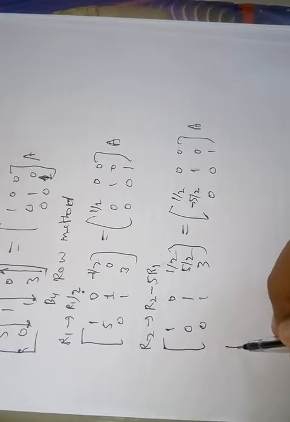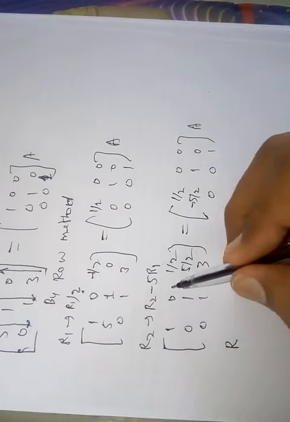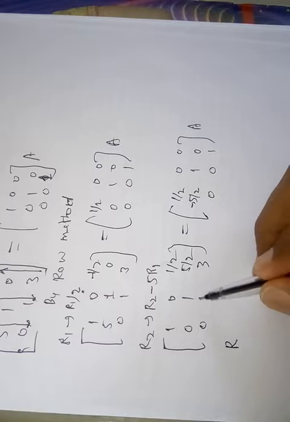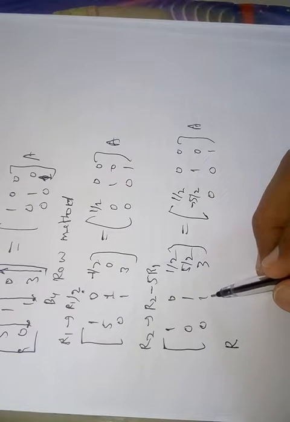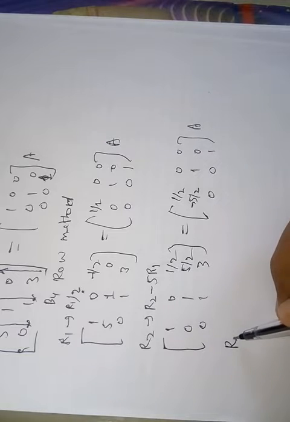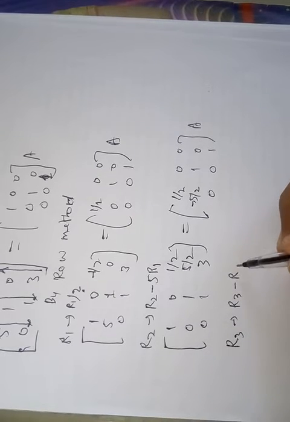Now R3 is already 0 1 3, and the second row is already changed, so the last term must become 0. So R3 becomes R3 minus R2.